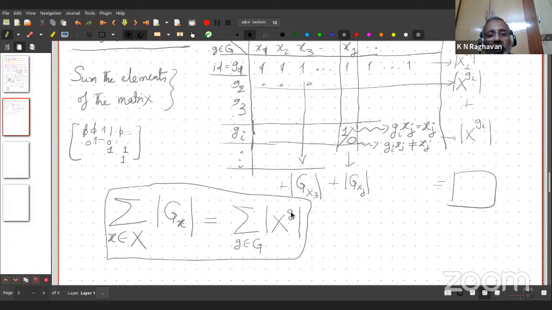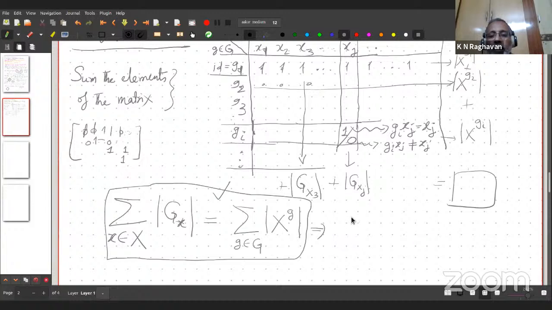And look, already this is starting to look like the right-hand side of my lemma, right? I'm missing a 1 over the order of G. This we have proved by just looking at this matrix. This matrix tells me that this equality is true. Okay. Now let me divide by the order of G on both sides.